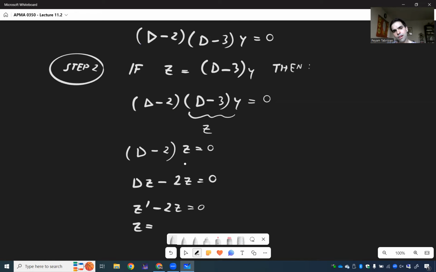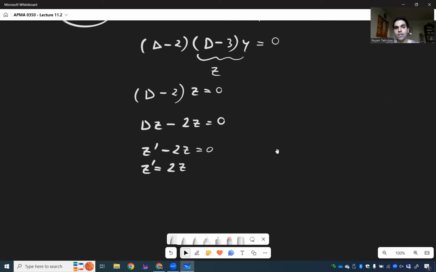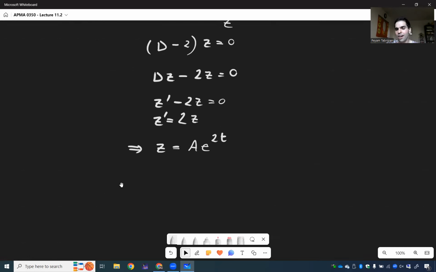And then z prime is 2z. And this is the infamous basic ODE, whose solution is z equals ae to the 2t. But this is not why we came here today. We came here to solve for y. But remember, we have this definition of z. So now solve for y.